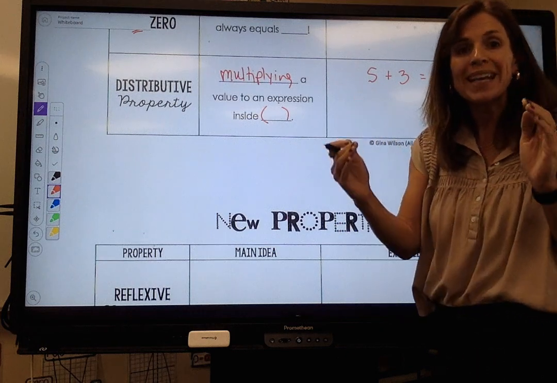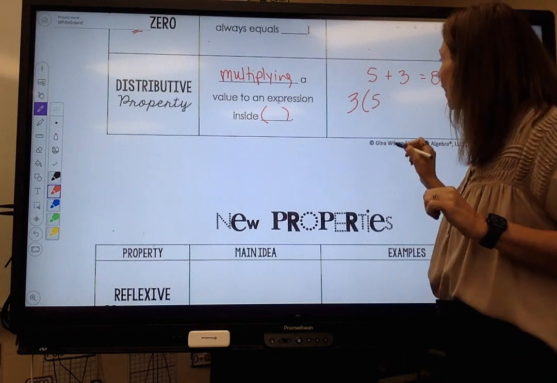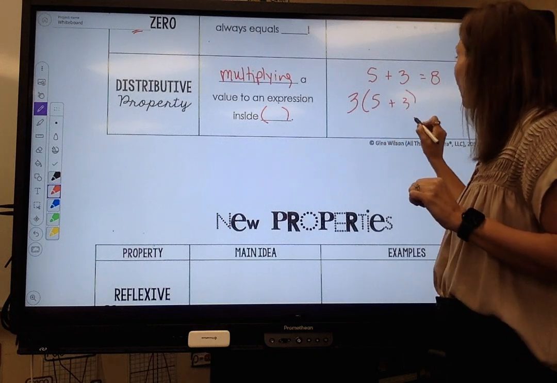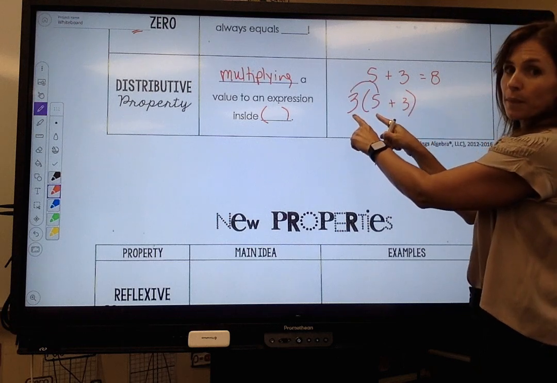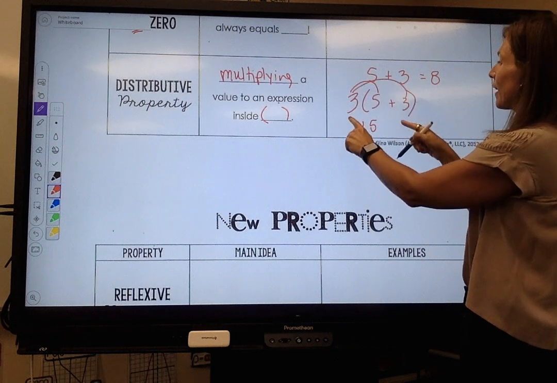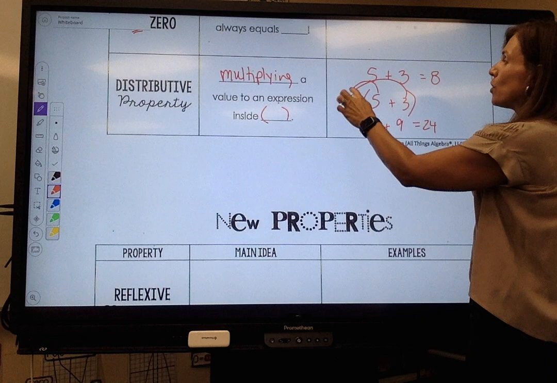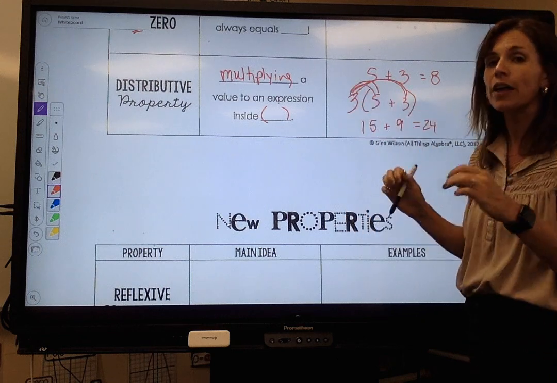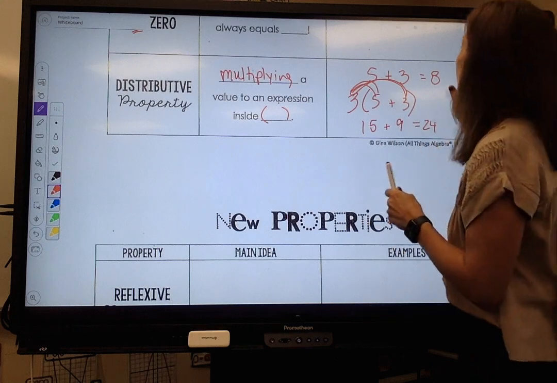But if I repeat this pattern for 3 weeks, I'm distributing 3 weeks. So I got 5 apples here, which was 15. And in 3 weeks, I got 9 here. So 15 plus 9 is 24. You distribute this value equally inside that parentheses. That was probably a terrible example.